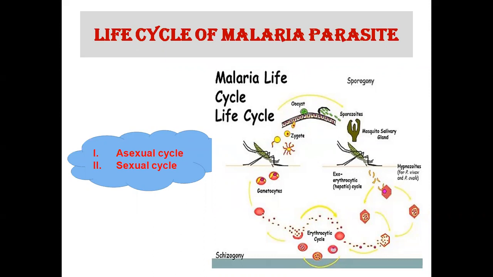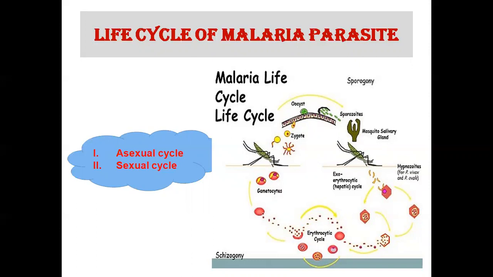So first of all, you know that malaria is a communicable disease and it is caused by a parasite of the Plasmodium genus: Plasmodium vivax, Plasmodium falciparum, Plasmodium malariae, and Plasmodium ovale.